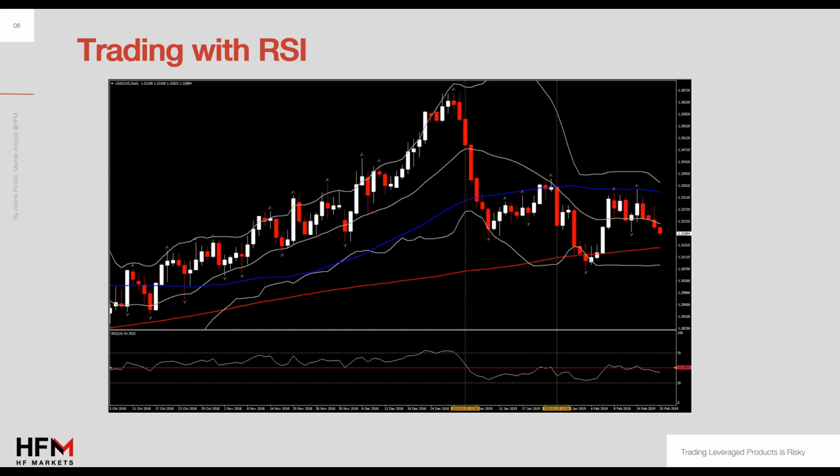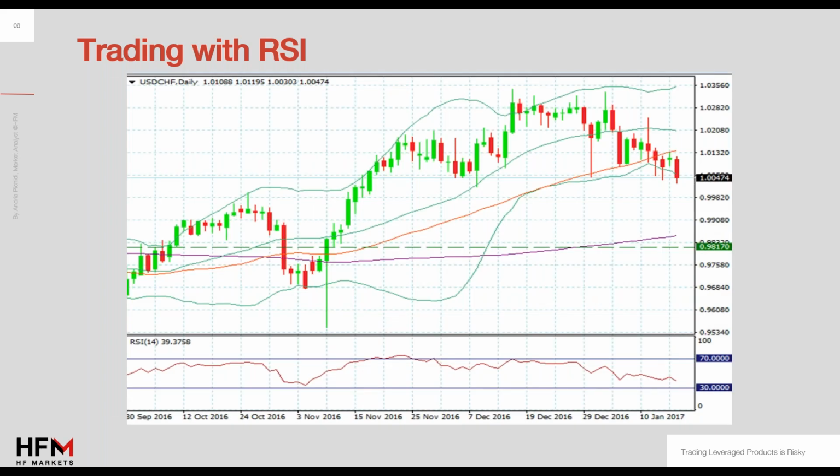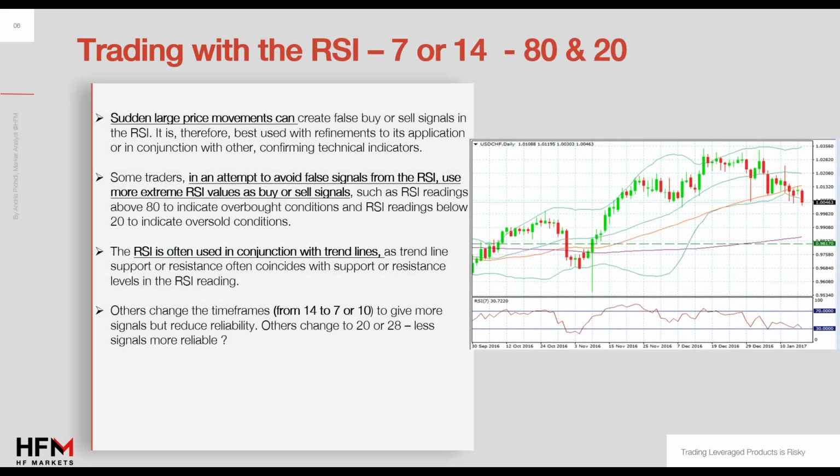So let's move on. I have plenty of examples, but okay. One last thing for RSI is that the default setting is 14 periods. However, that should change based on which time frame you want to apply it.